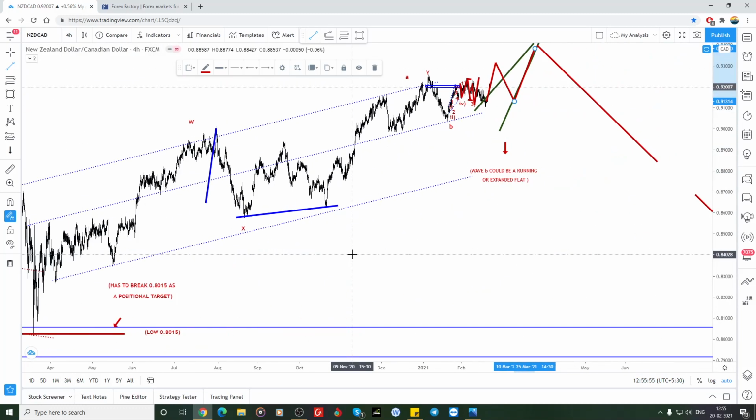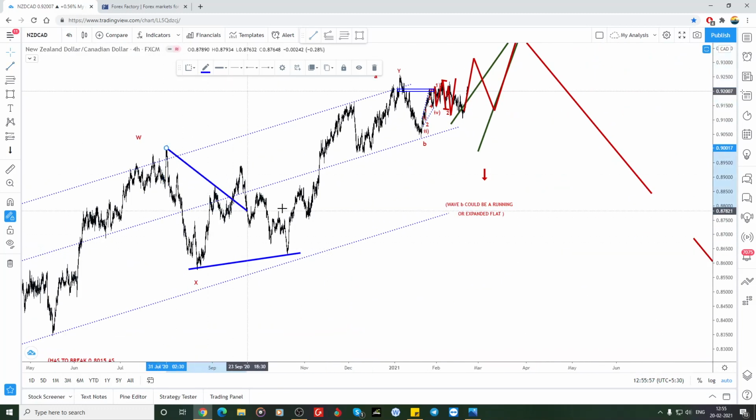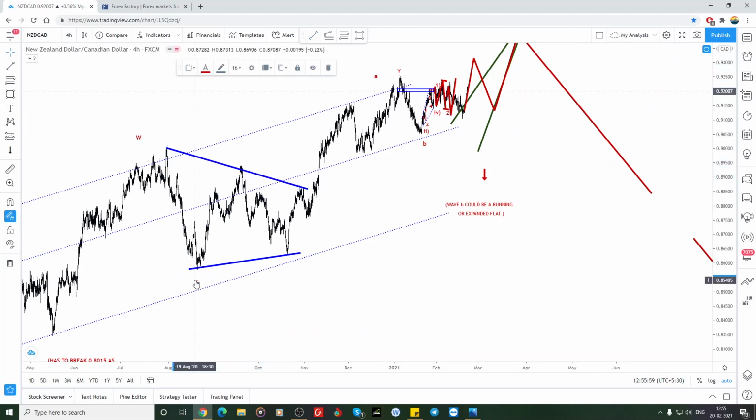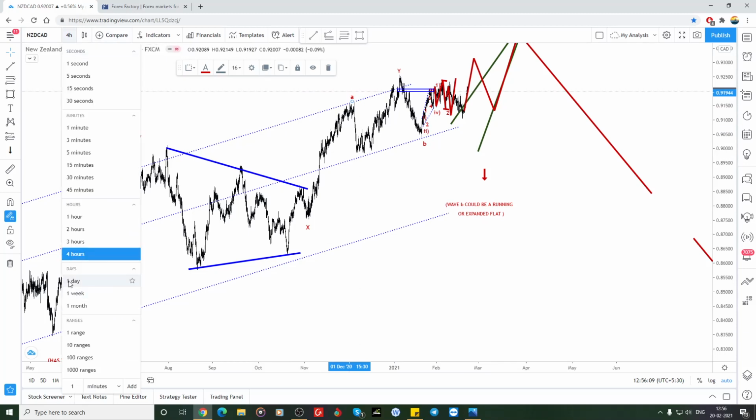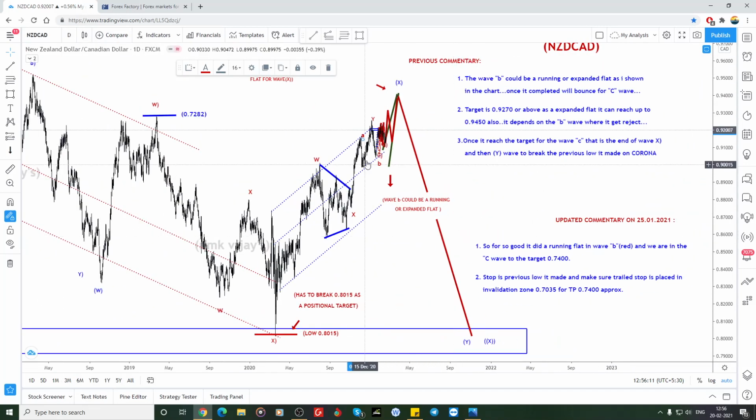As of now, this is the X. So A is completed, B is a running flat, and C we are going to make a 1, 2, 3, 4, 5 like that. So like this it can be a 5-wave structure, 3, 4, and 5. So it can reach up to 9.5 also.